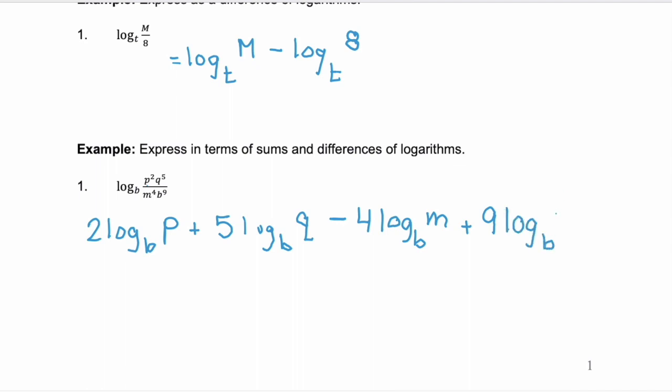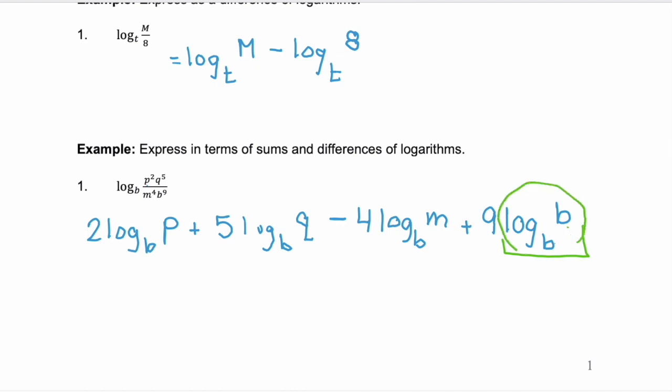Now you'd think that we're finished, but you need to remember what happens when you take the log of something with the same base. So the base is b and we're taking the log of b.